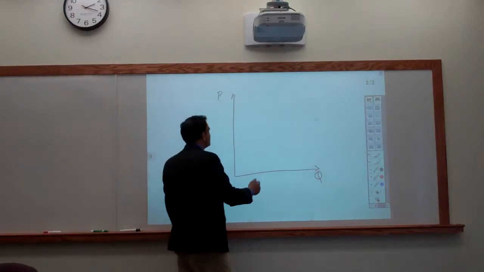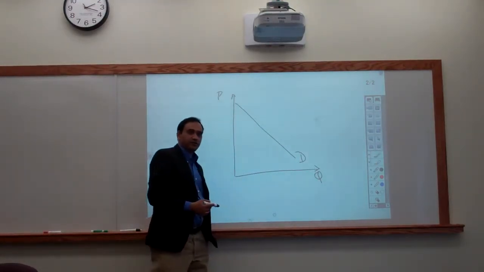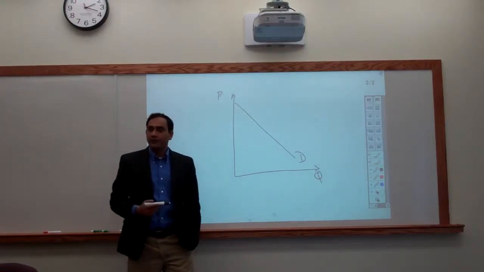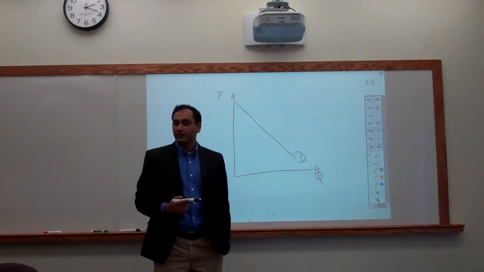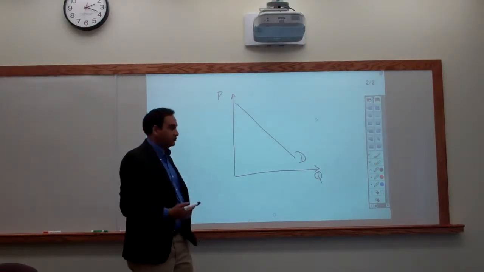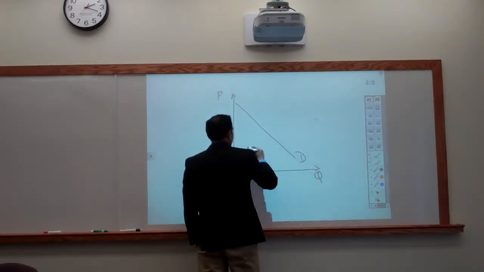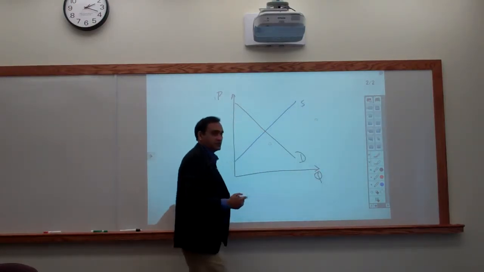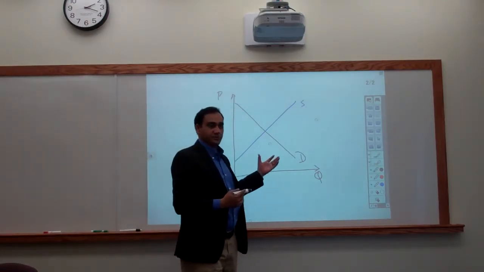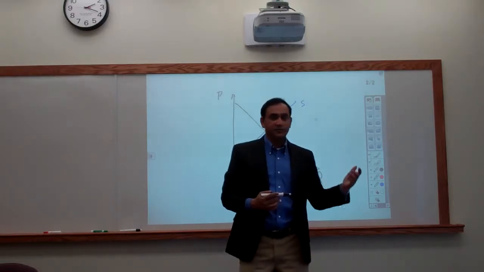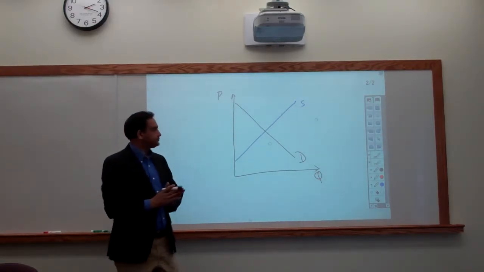The demand curve is going to be downward sloping, following the law of demand. Higher the price, lower is the quantity demanded, other things remaining the same. And the supply curve would be positively sloped. Higher the price, the greater is the quantity supplied. So the demand curve captures the behavior of the buyer and supply captures the behavior of the seller. Two opposite forces in the market.